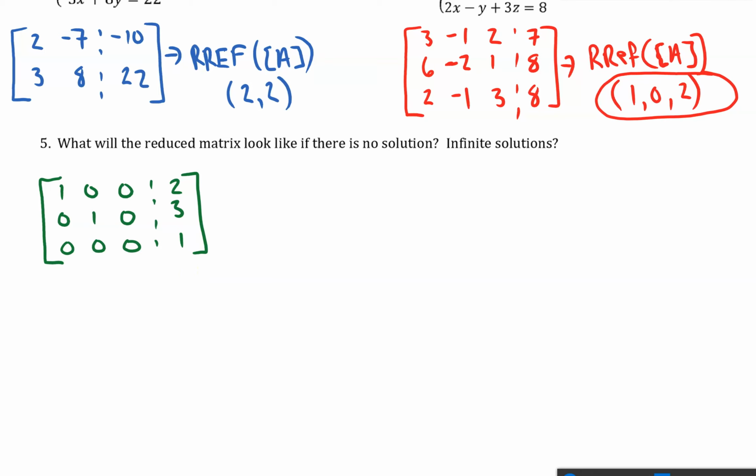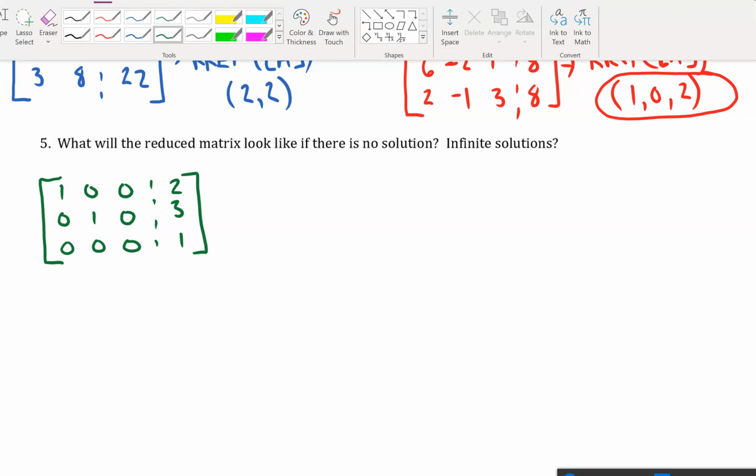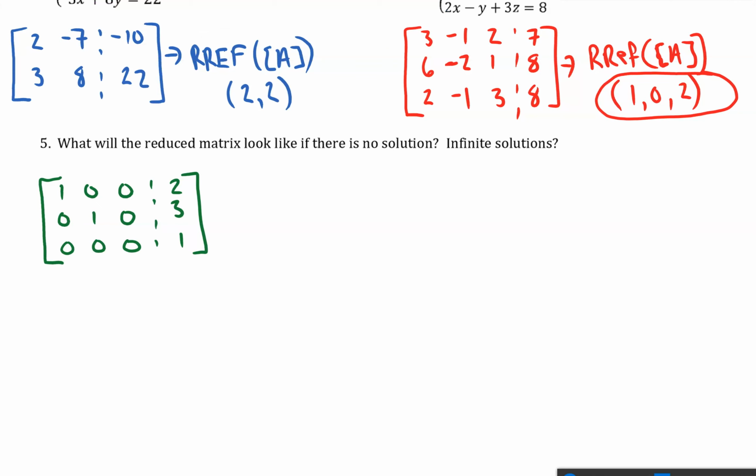If you look in that lower left corner, you should see there's a situation right here that needs to be resolved. What this is really saying is 0 is equal to 1. That is not going to happen, so this becomes a no solution when you see something like this where that last number is different.